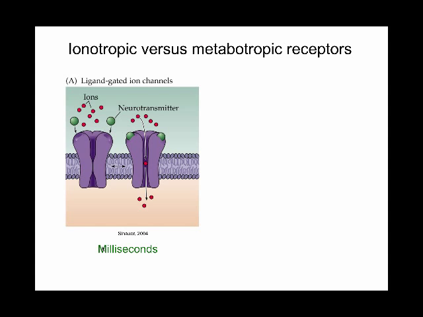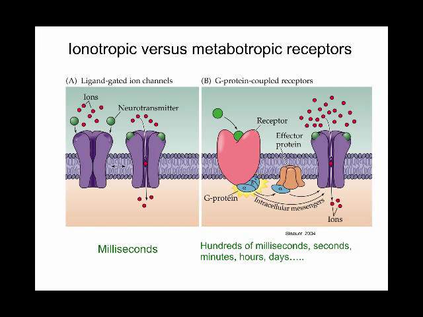I just wanted to point out there's another kind of receptor, what we refer to as a metabotropic receptor, an example of which is the G protein coupled receptor. In this case, we again have a change in permeability due to the neurotransmitter binding to a receptor, but it's much less direct. It's mediated through G proteins and sometimes through secondary messenger processes.